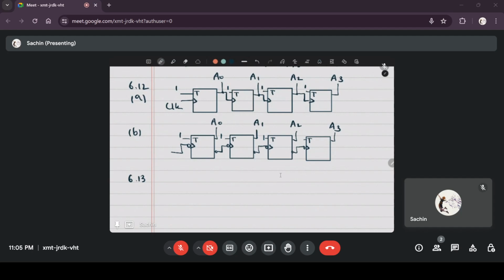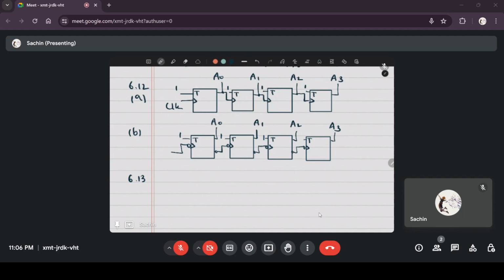Show that a BCD ripple counter can be constructed using a 4-bit binary ripple counter with asynchronous clear and an AND gate that detects the occurrence of count 1010. A BCD counter goes from 0 to 9.